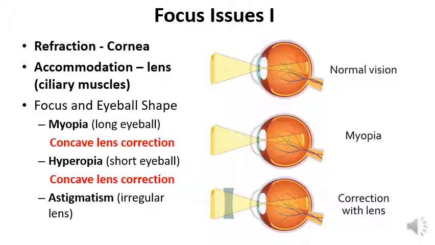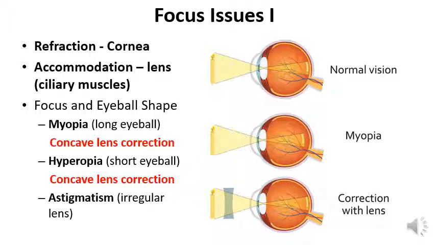You'll remember that we can actually do something called accommodation with the lens. The ciliary muscles can exert contractive force on the lens, changing its shape. I change the shape of the lens, I can change the focal point of the image and hopefully project that image in a very, very clear way exactly on the retina where I need to.